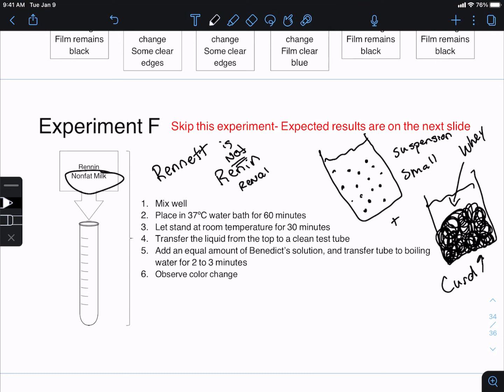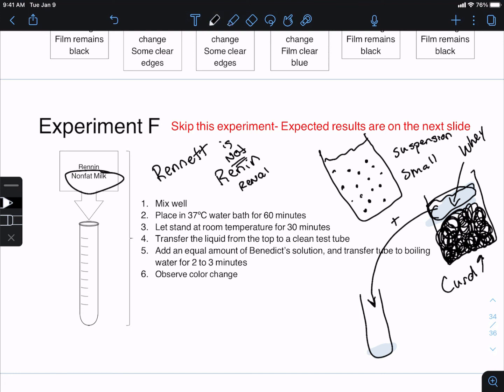All right, so once we do this, you actually collect all of the whey if you can. So all of this stuff here is transferred into a new beaker. Here's my new beaker. Transfer that whey into here. So now we've got our little whey here.